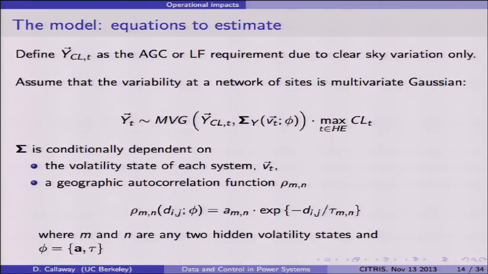The function that we're going to use to describe the spatial autocorrelation is down here. It's just a simple exponential decay. So to recap, that variance-covariance matrix is a function of the volatility state, and that largely drives what the variance is at an individual site. And then this set of parameters phi describe an exponential decay that describes the covariance between sites, so the off-diagonals of that variance-covariance matrix.